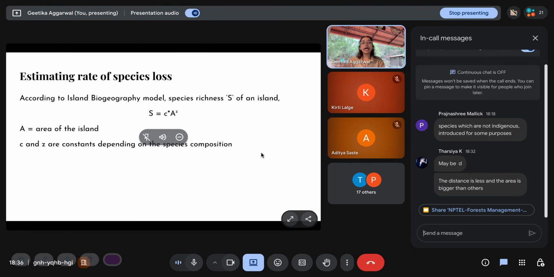Now, why are we talking about island biogeography when we're talking about forests and species? These days, as you might already be aware, forests can also be thought of as islands, because there's usually a forest area, and around that, you have a lot of human occupied area. You'll either have roads running around, highways, or villages.